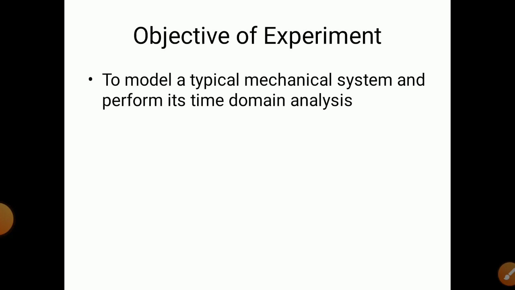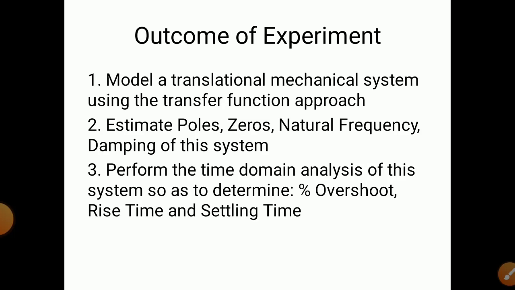The mechanical system is made up of a spring mass damper type system, and we have to perform its time domain analysis. What is the outcome of this experiment? Model a translational mechanical system using the transfer function approach. Students must be able to understand how we can use the transfer function approach for modeling a translational mechanical system.